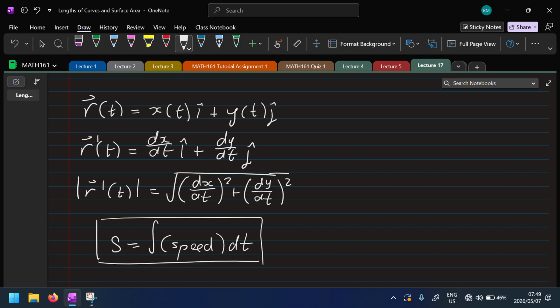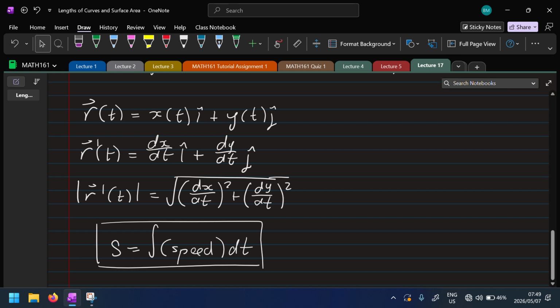We've seen that one yesterday for the speed of the particle. All right. Any questions about this? Okay, pretty clear. I'm sure you've seen that in physics, right? Integral of the speed, that gives you your distance. Okay, let's have a look at some examples.